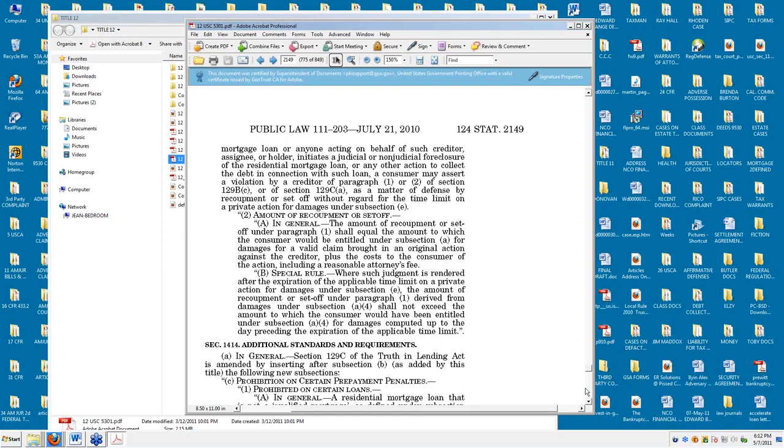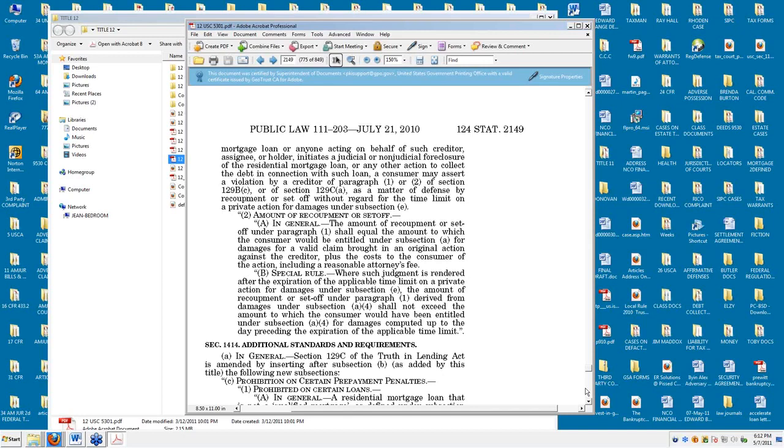Number 2, amount of recoupment or set-off. A, in general, the amount of recoupment or set-off under paragraph 1 shall equal the amount to which the consumer would be entitled under subsection A for damages for a valid claim brought in an original action against the creditor, plus the cost to the consumer of the action, including a reasonable attorney's fee. B, special rule.